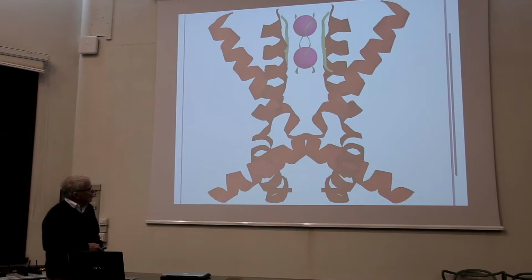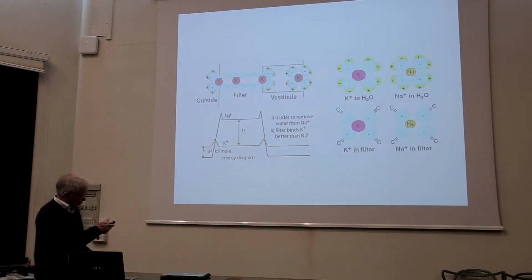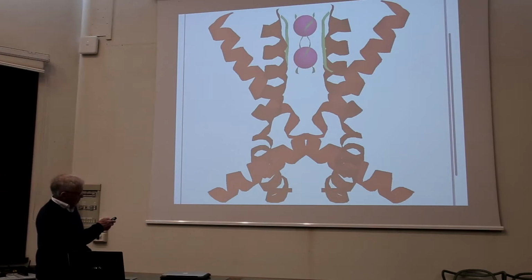So Rod then provided this ribbon diagram. This is a ribbon diagram of his results. So here you see again the selectivity filter with the waters there, the vestibule, and the open channel.